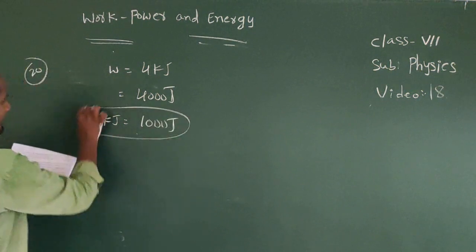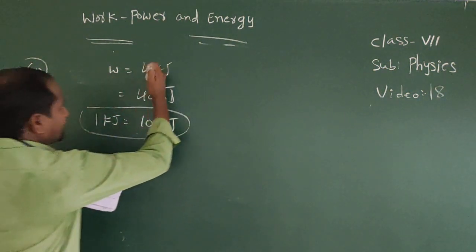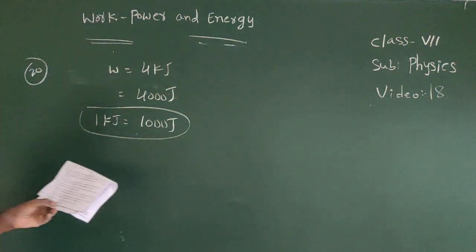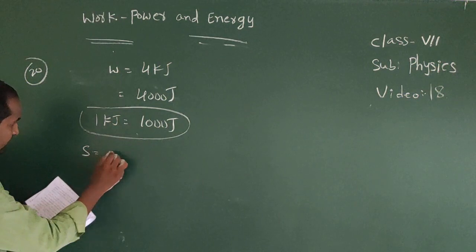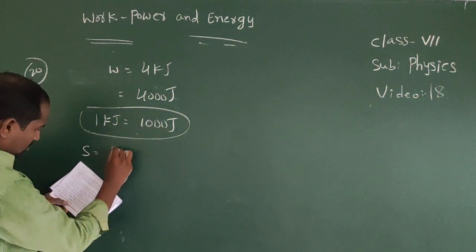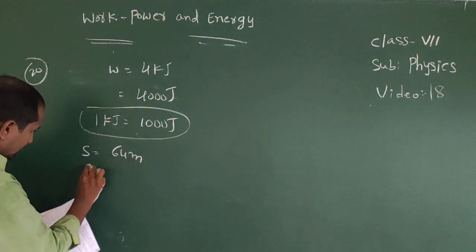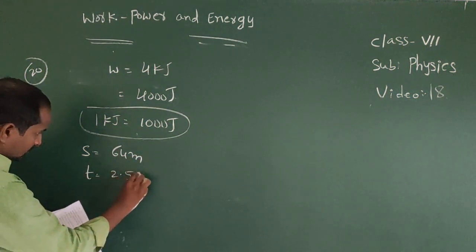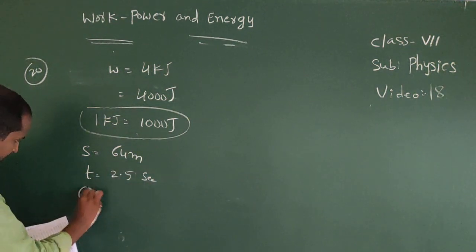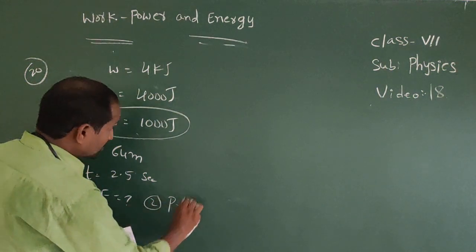So work done equals 4000 joules. And the displacement S is given, equal to 64 meters, in T equal to 2.5 seconds. Then find first the force, and second the power.